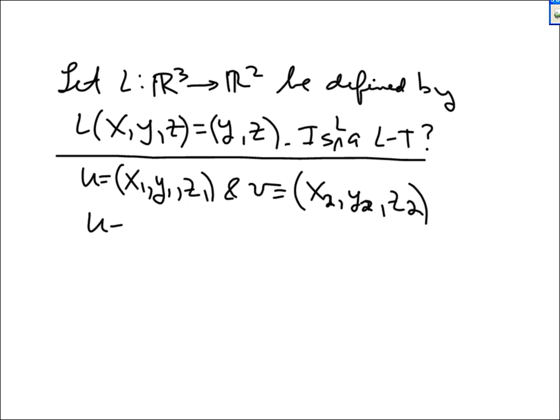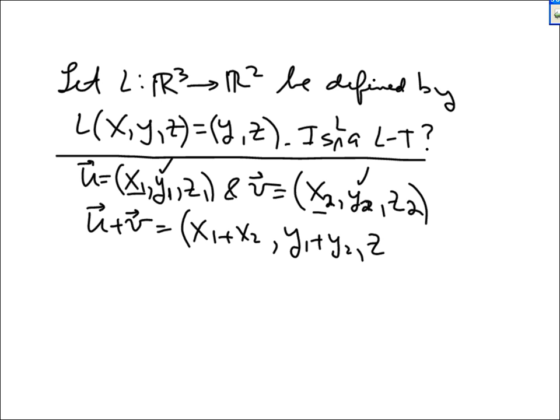Now, vector u plus vector v, as always, add the first components of u and v, comma, add the second components of u and v, and add the third components of u and v.